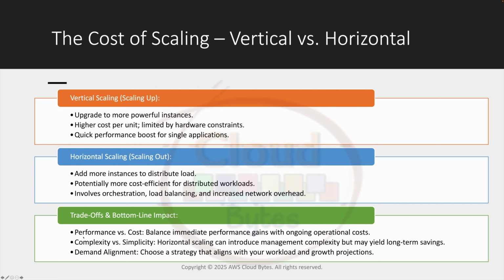The summarization of this slide is you need to look into performance versus cost. The second comparison is how complex you want. The complexity grows with horizontal scaling because you need to have these orchestration things. And then you have to choose what strategy works for you given the demand and the supply that you're looking for. So it's more of a demand alignment.